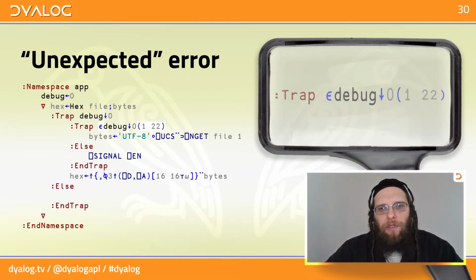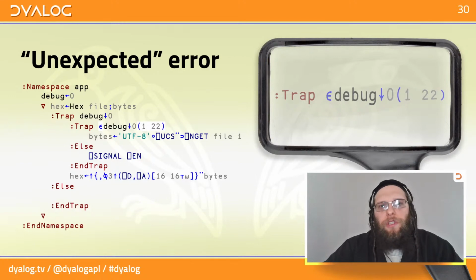So if you set debugging to 1, we still preserve 1 and 22. So 1 and 22, those are workspace full and a file error, and there could be many different errors. So you could pinpoint exactly with which values of debug do we want to trap which types of errors. And you can be as sophisticated as you want here.